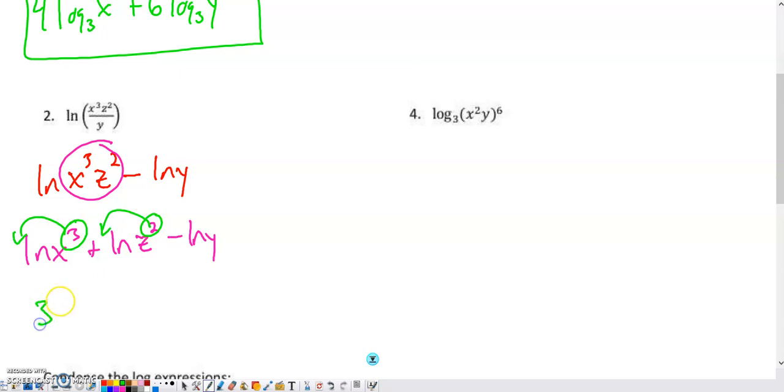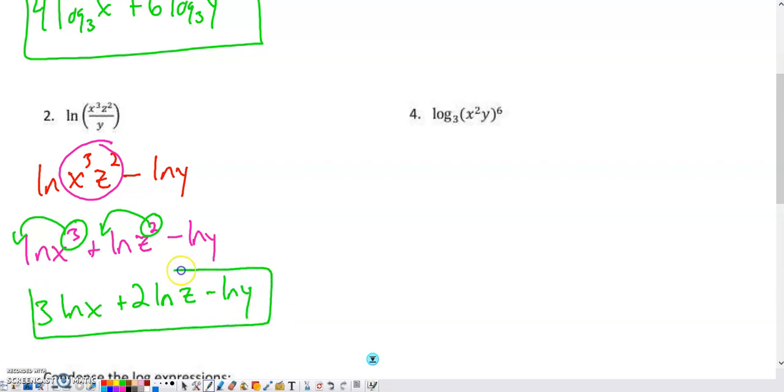Now you have 3 times natural log of x plus 2 times natural log of z, and you have minus natural log of y. Now, we're going to talk about condensing later, but if you were to condense all of this, you would follow those steps exactly. You should get back the starting example on number 2.